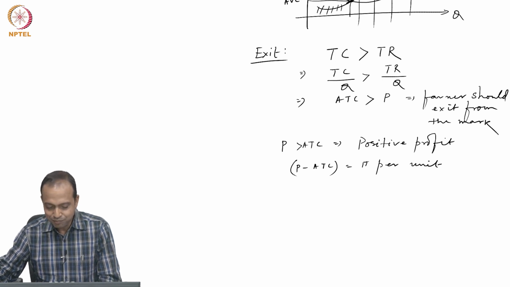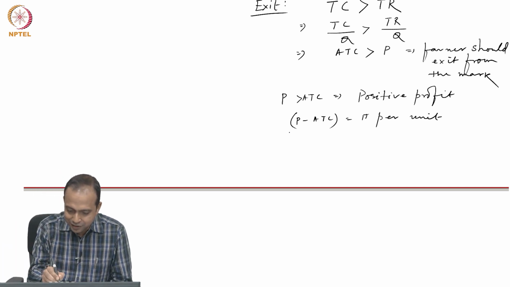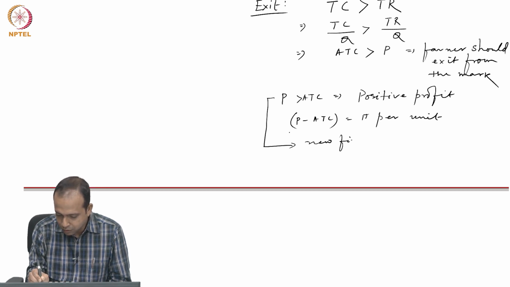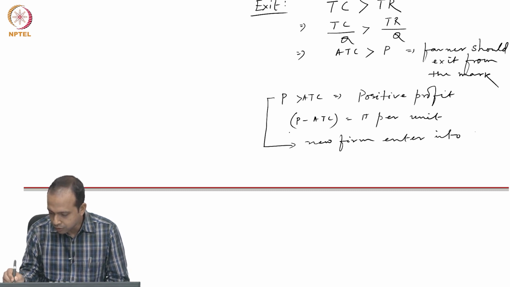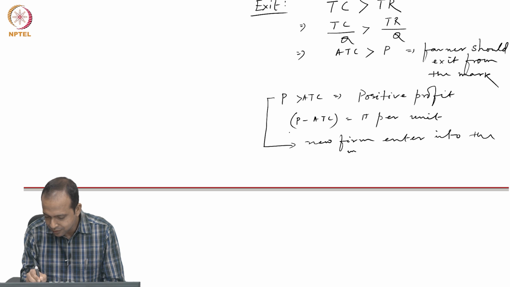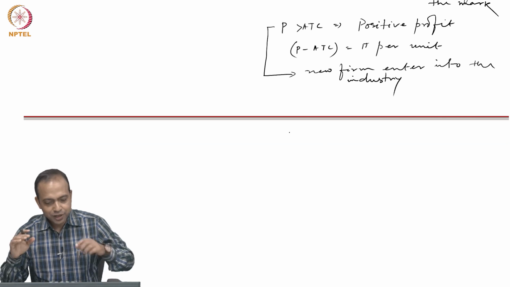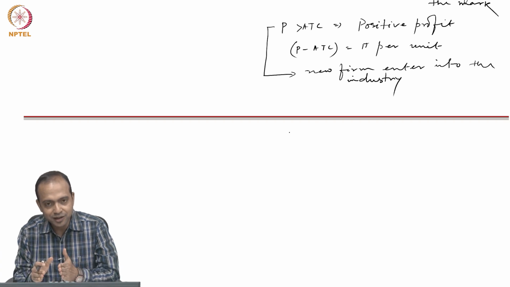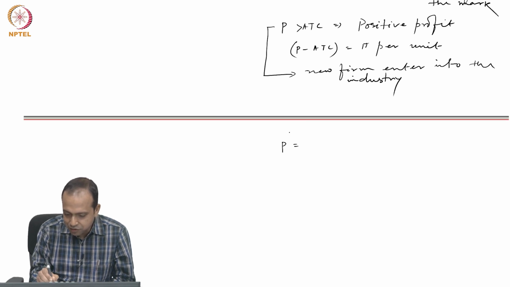So, as and when P becomes greater than ATC, new firms enter into the industry because there is free entry and exit. Okay. P greater than ATC means there is positive profit, firms will enter, there is free entry, and eventually you will get P equals to ATC.